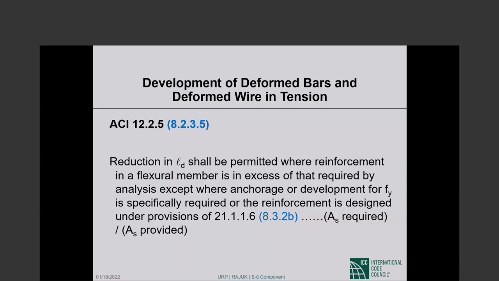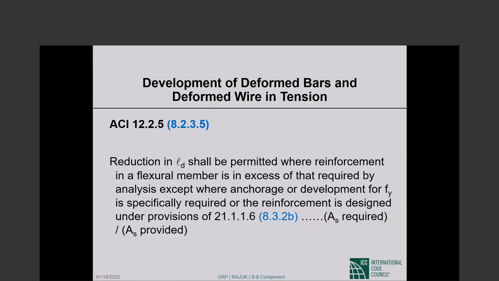Then you can take a reduction equal to A sub S required divided by A sub S provided. Okay? So if you have provided more reinforcement than required by analysis, you can reduce the required development length by the factor between the required reinforcement and the provided reinforcement.